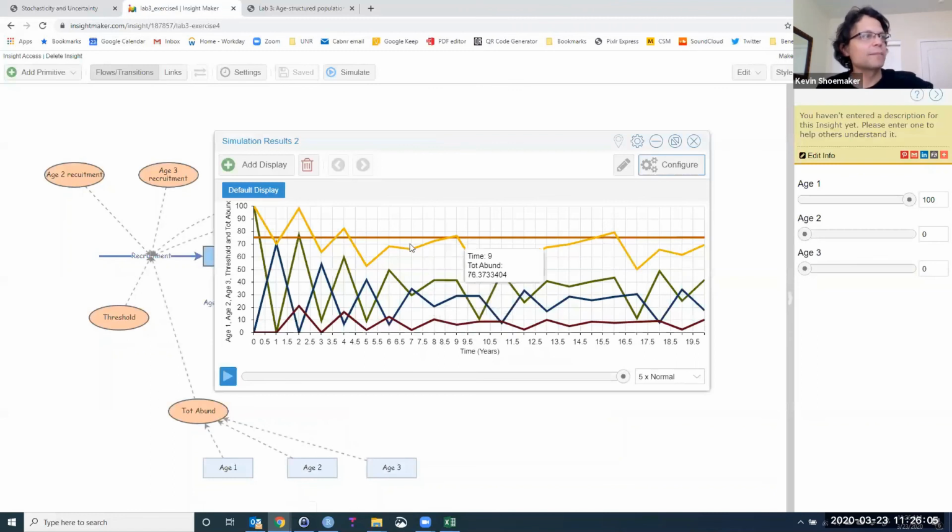So every time the total population exceeds the threshold, all the vital rates, the recruitment rates, go down dramatically, and that puts the population again out of stable age, and it's going to bounce around a little bit until the total abundance exceeds the threshold, in which case the whole thing starts over again. So you just can't get into stable age here.